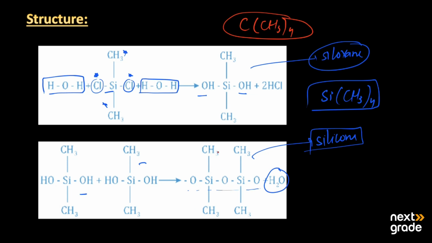In this structure, you can see that the silicon has (CH3)2, then we have the oxygen, and then silicon and (CH3)2 again. This is the main structure of silicones, in which the silicon atoms join together with the help of oxygen and form a long chain structure.